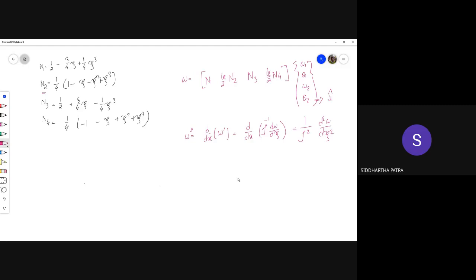Now that essentially turns out to be 1 by J squared. Sir, dx/d xi, right? Yes, J is dx/d xi. So when I'm taking the derivative, this W prime is dW/dx, so it is dW/d xi times d xi/dx, or J inverse.